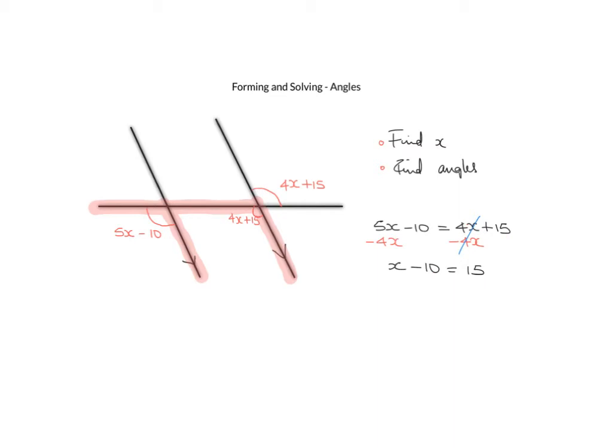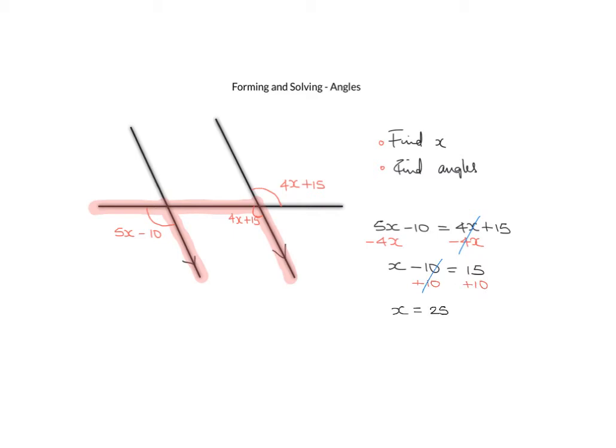Now the next job is to remove this 10. It's subtracting, so the inverse operation is to add. So I'm going to add 10 to both sides. 10 take away 10 becomes 0. So then x on its own is equal to 15 plus 10, which is 25.